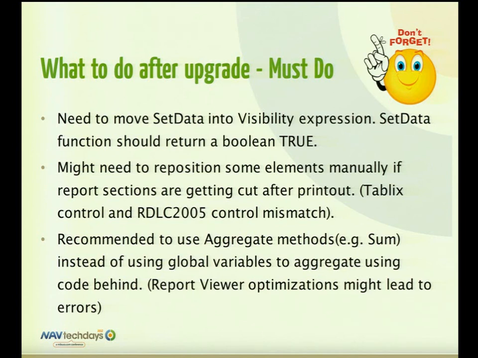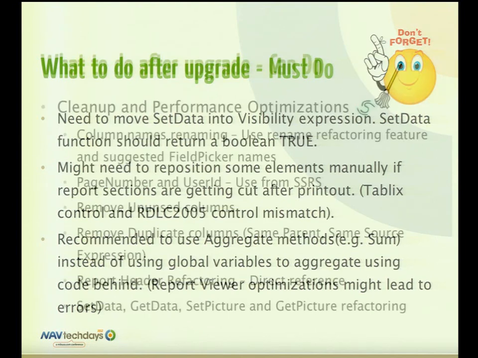If you want to create sums, there are aggregate functions in RDLC. Use sum, use running, it's called running average, right? Yes. So all these aggregate values you should use. We have seen some errors, and I really wanted to share this with you because it's a really strange behavior that comes up, but please do not use this pattern.